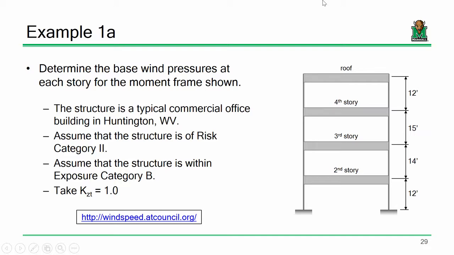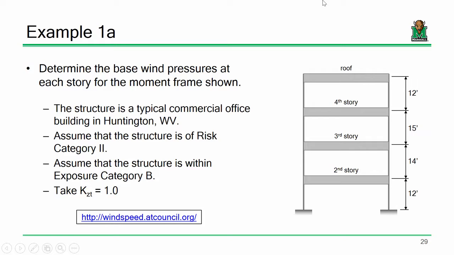Plus, because we're designing this structure in the city limits, it's certainly not a rural area, so we'll go ahead and say exposure category B. The only other thing we need to take into account is the topographical coefficient. We'll assume that it's pretty flat, so we'll just take KZT to equal 1.